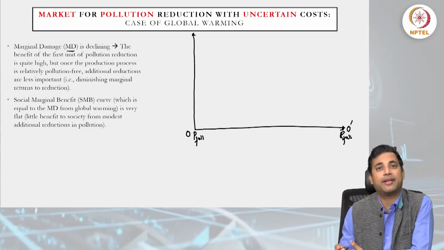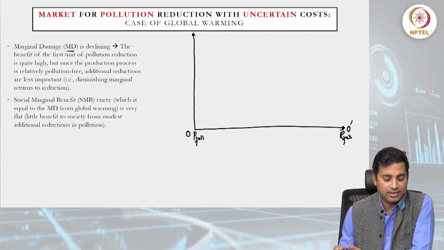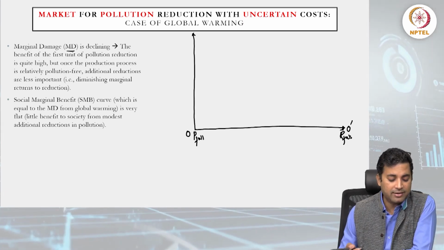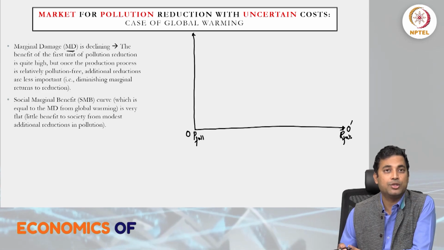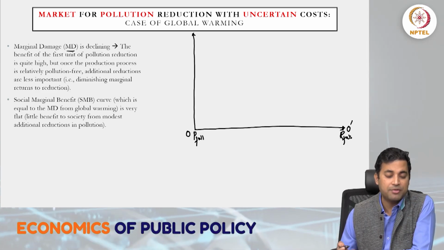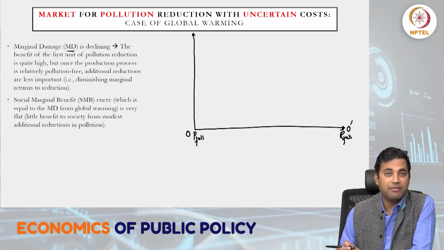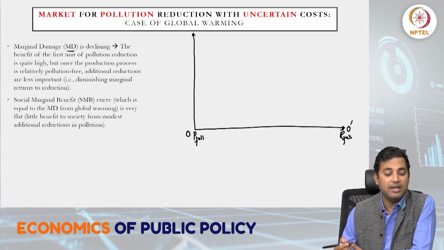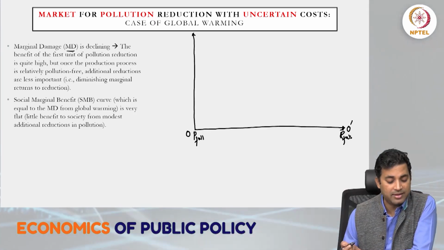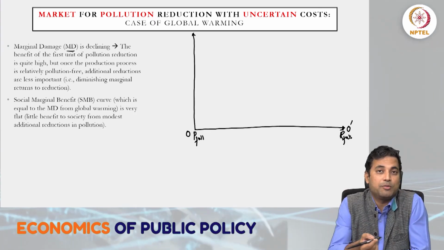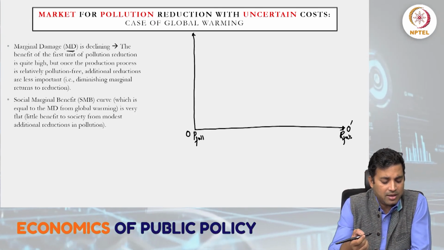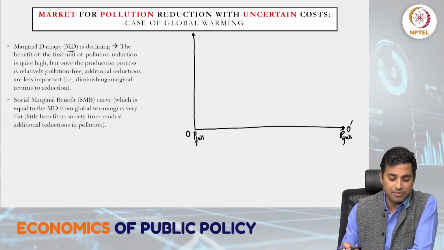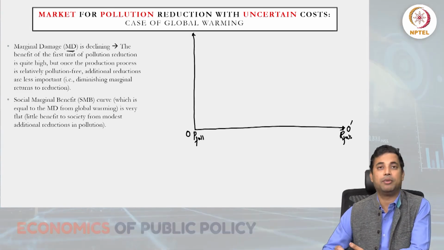Now one more point that we already know, we are just reiterating here, that the social marginal benefit SMB curve, which equals the marginal damage from global warming, is very flat, almost like a perfectly elastic demand curve, because there is little benefit to society from modest additional reduction in pollution.